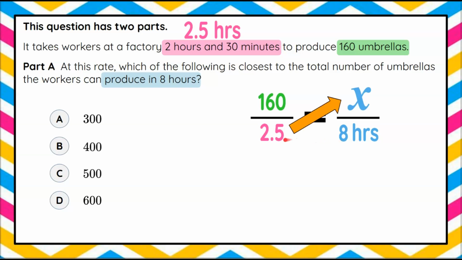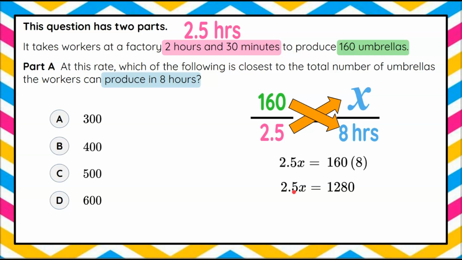We're going to do 2.5 multiplied by x, and that is going to be equal to 160 multiplied by 8. So we're going to do this math. 160 times 8 is 1,280. To solve for x, the number of umbrellas produced in 8 hours, we're going to divide both sides by the coefficient.